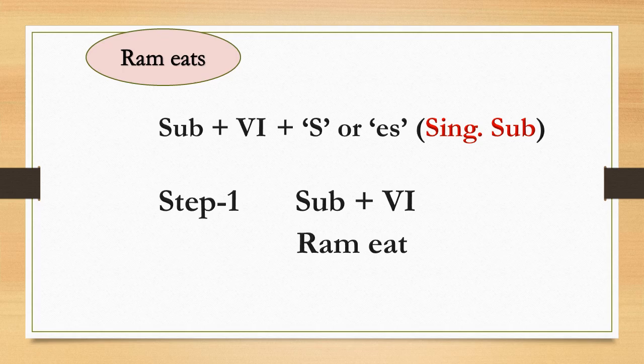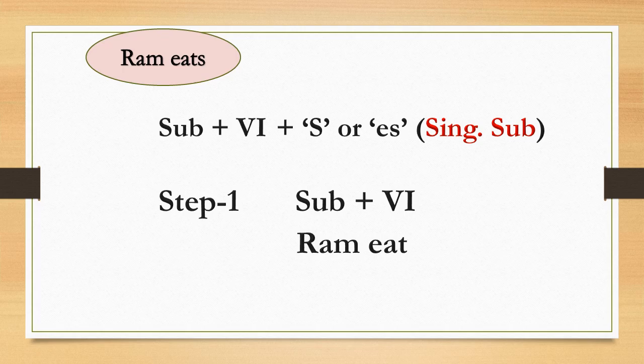And what are the singular subjects? If you are talking about only one person, singular means one. If you are talking about only Ram, Ram is singular, so it is your singular subject. If I'm talking only about Sham, only one person. If I'm talking about he, if I'm talking about she, these are one person.